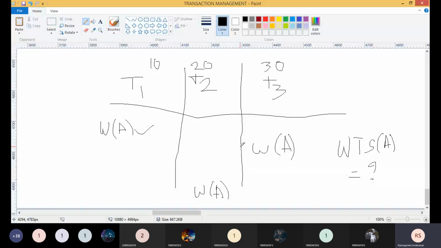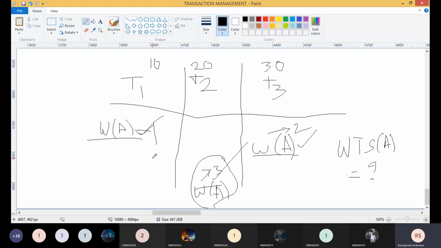See, first you perform a write operation on a data item. Write operation on T3, right? First one is this one, the second is this one, and the third is this one. The latest write operation is this one. See the order here: first transaction, second transaction, third transaction.